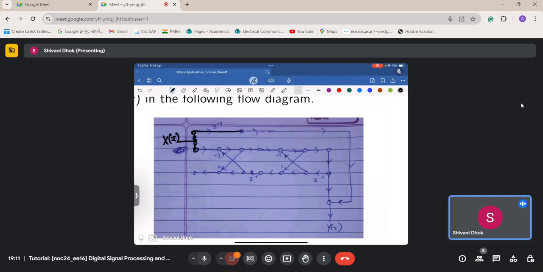Let me just quickly retrace the diagram for you so that it's visible. Just a moment, let me complete this.